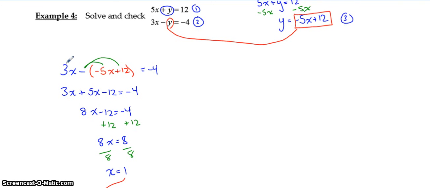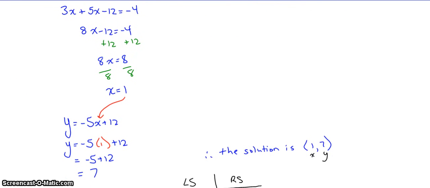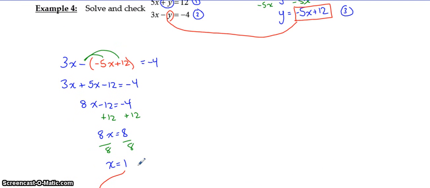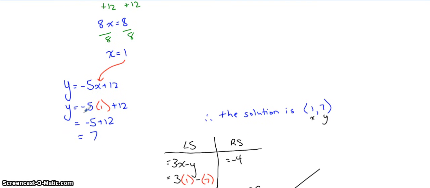Using your grade 9 algebra skills or equation solving skills, distributive property, collect like terms, add 12 to both sides, divide both sides by 8. That gives you your x value. We're going to take that x value and substitute it into this equation to get the y value. And your solution is 1, 7.